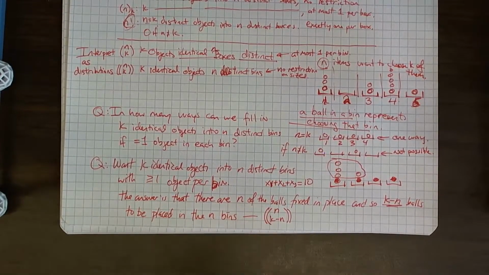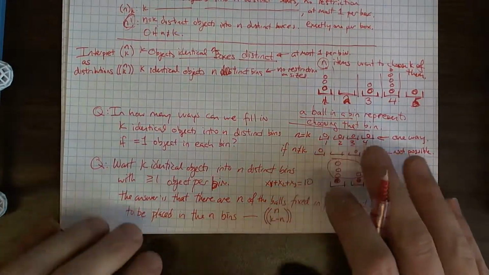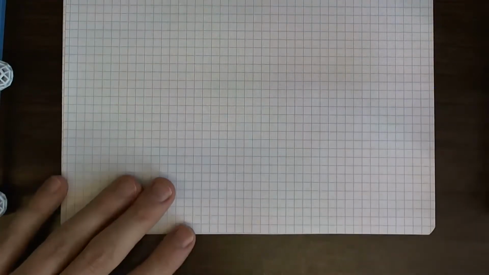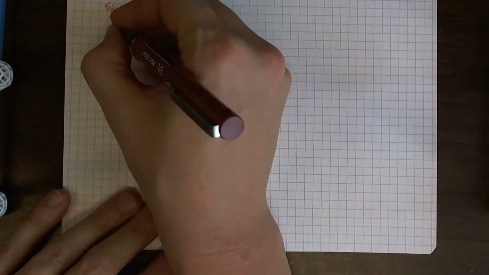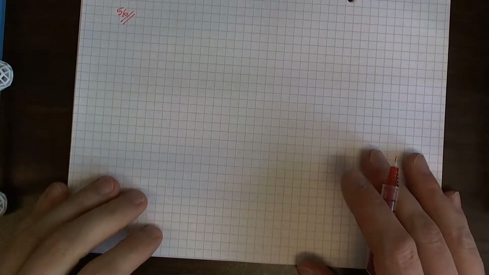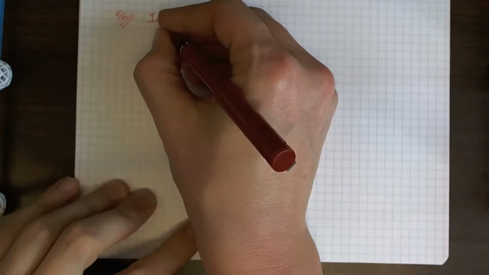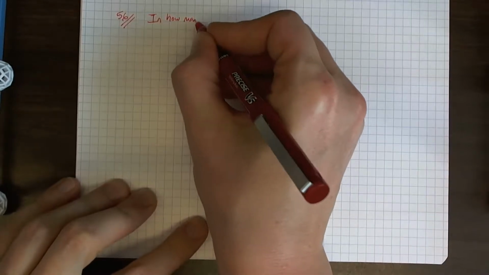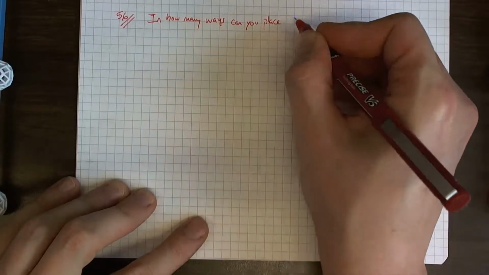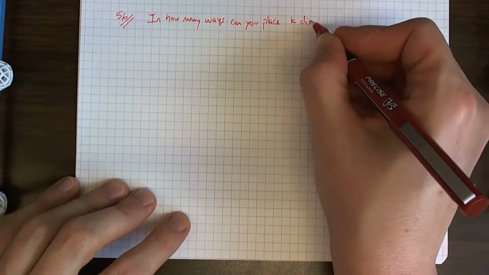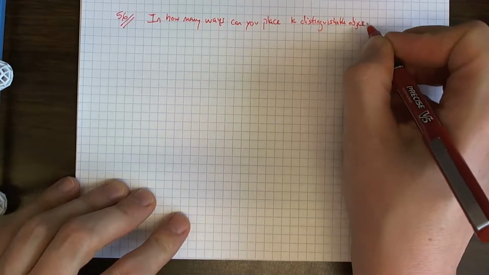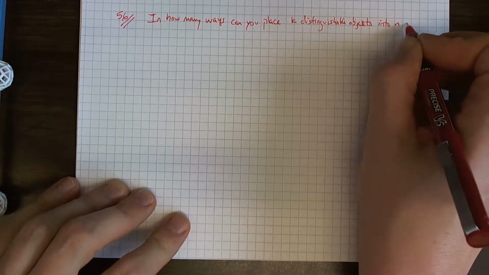Okay, let's move on to the next slide. The next slide is slide 56. And this asks about the next row of the chart, which says, in how many ways can you place k distinguishable objects into n identical bins?